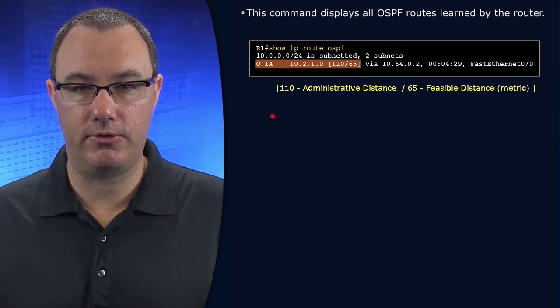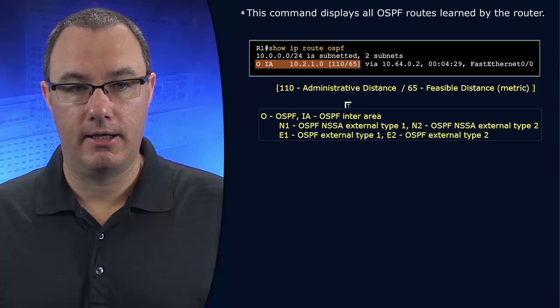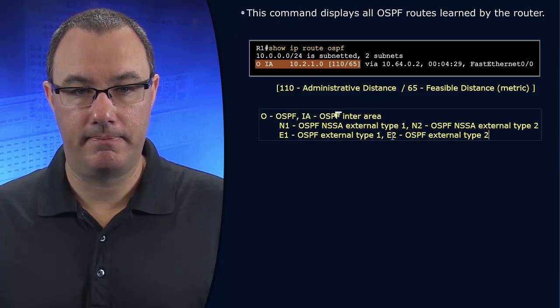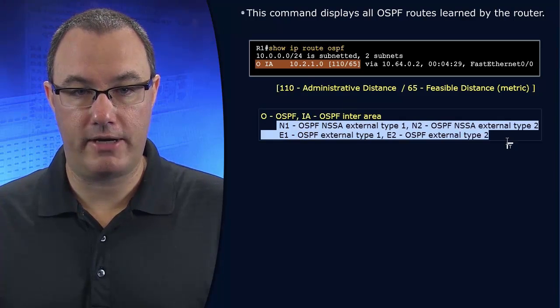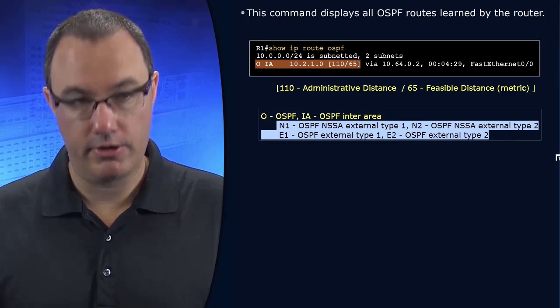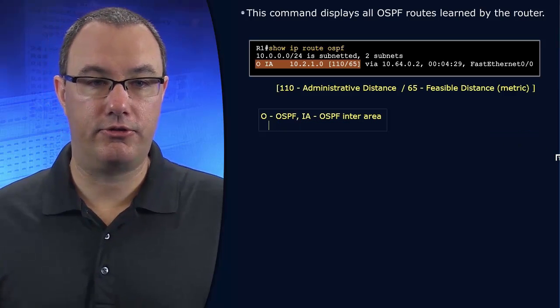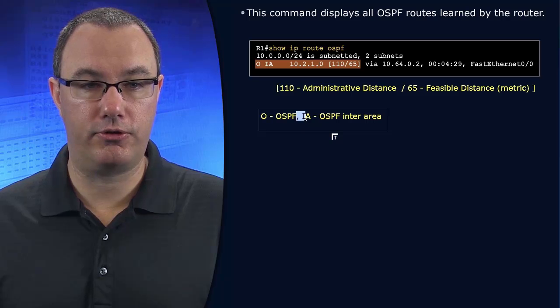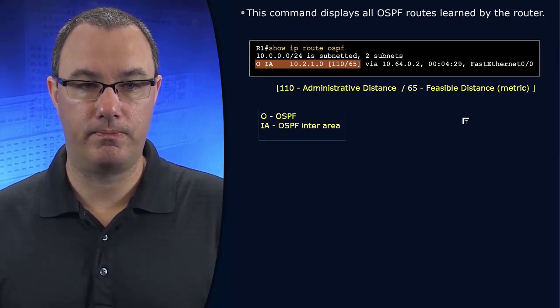Let's talk about a few key ones to start off with, namely the first two, in fact. We're not going to worry about NSSA or the external route types. Let's just worry about the first two, the core two.